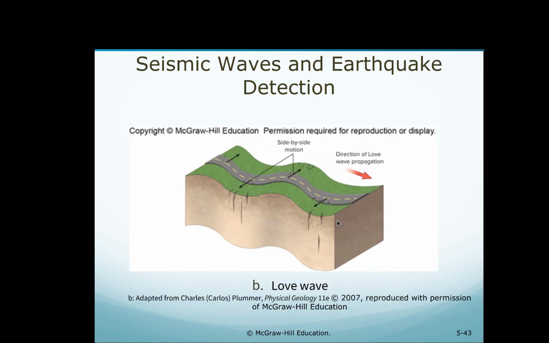And this would be a Love wave, the side-to-side motion. This is supposed to be a straight road, but because of the waves, it has been given a left to right, an S shape.